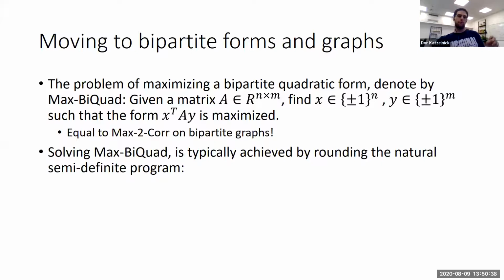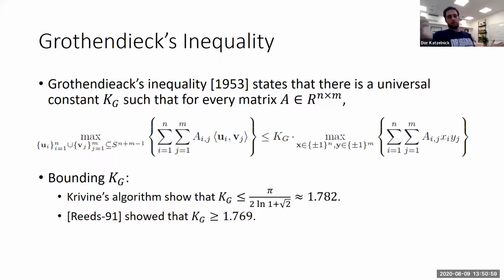And instead of maximizing the form x transpose A y, you want to maximize a form where instead of x_i times y_j, you have the inner product between the vector x_i and the vector y_j. So this relates directly to Grothendieck's inequality. This is exactly, in fact, Grothendieck's inequality.